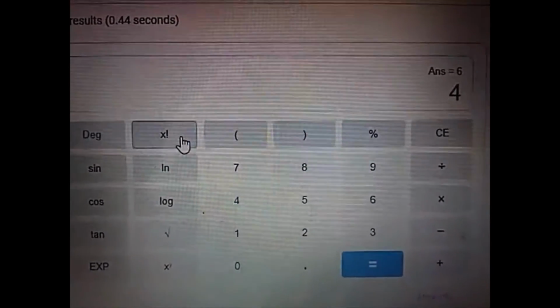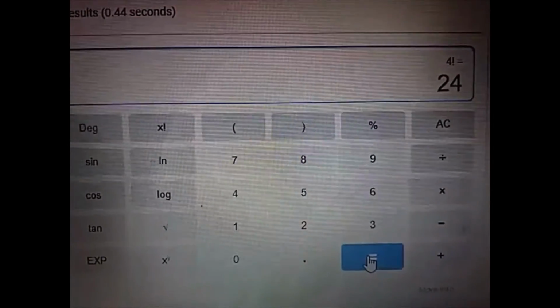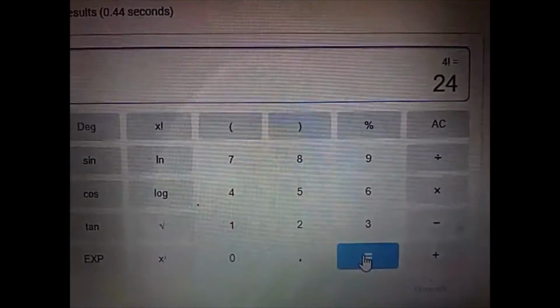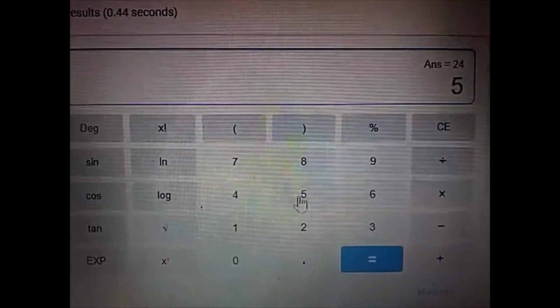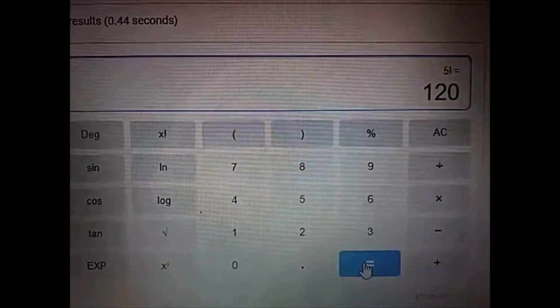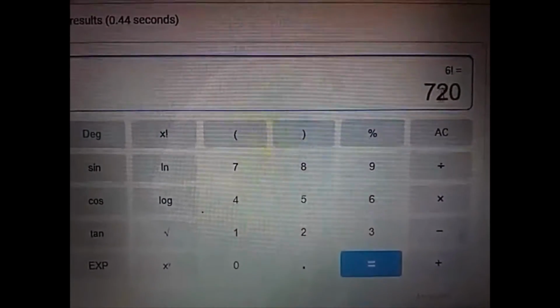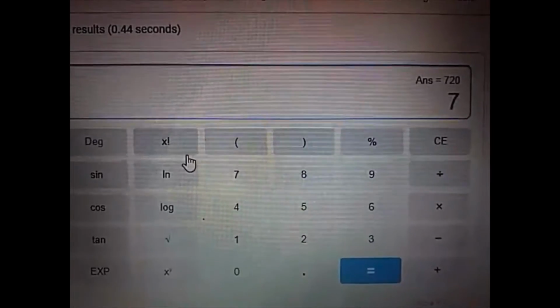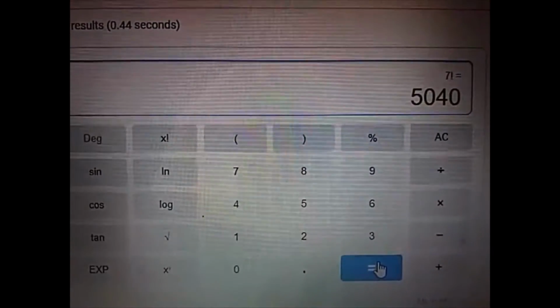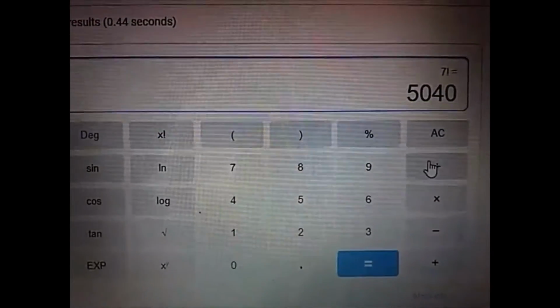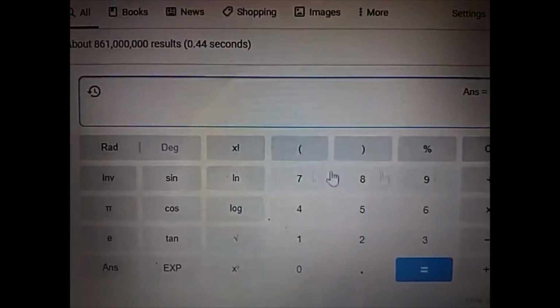And the factorial of 4 is 24, because 4 times 3 times 2 times 1 equals 24. Times 5 equals 120. Times 6 equals 720. Times 7 equals 5040. We will stop there for now.